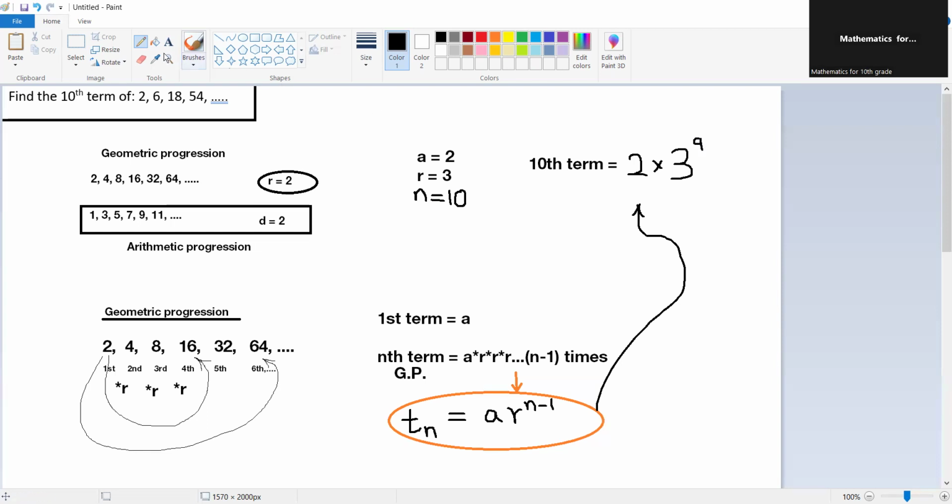This is the answer. I'll circle with blue. This is the answer. This is the 10th term, which is 2 into 3 power 9. This is the 10th term of the geometric progression.